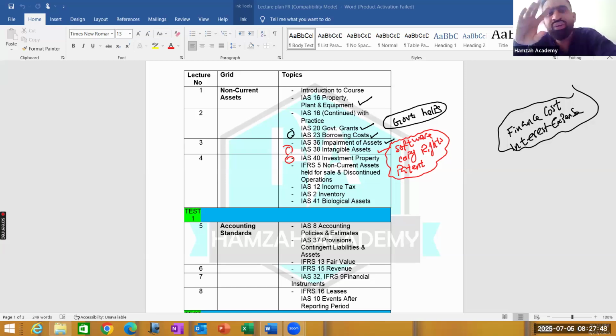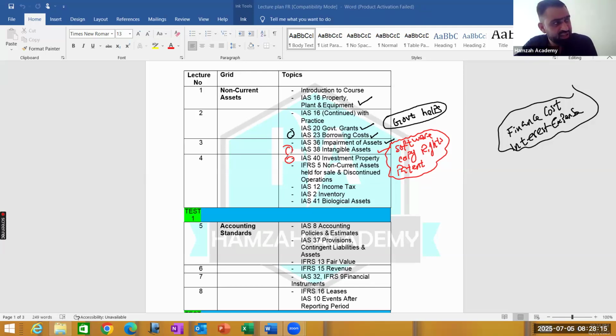Now we have two types of property in terms of non-current asset in our financial reporting. One is a property which is held for use in the business. The property which we hold for use in the business is accounted for under IAS 16.